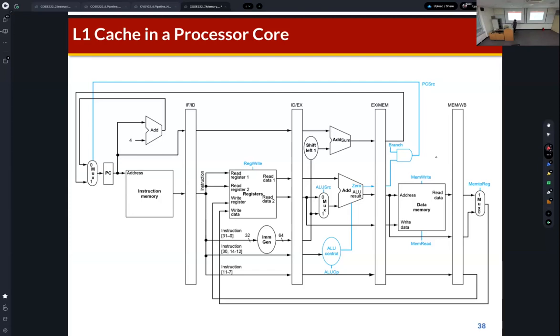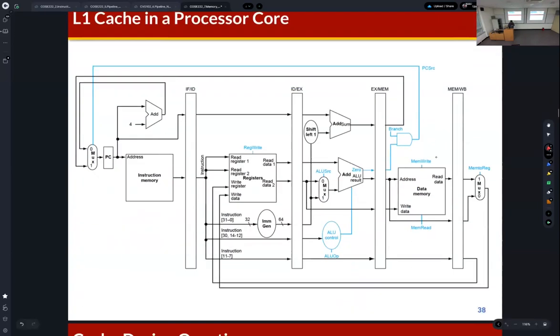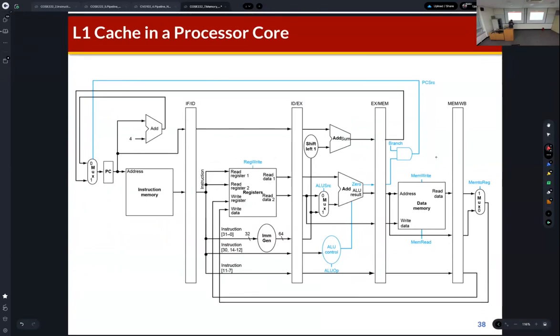I explained that when the load instruction is executed, the data is transferred from the main memory, which is an external memory, a DRAM. What happens? Actually, this instruction memory and data memory are the L1 cache. So this is the L1 cache.